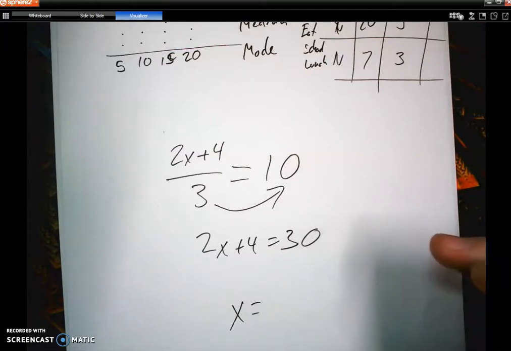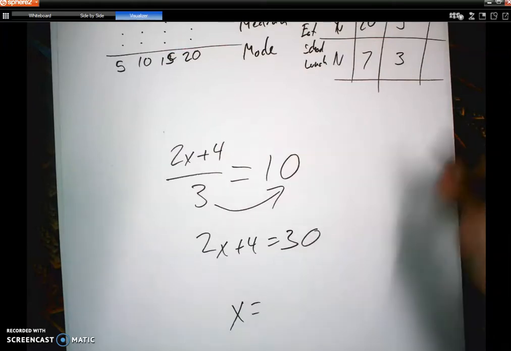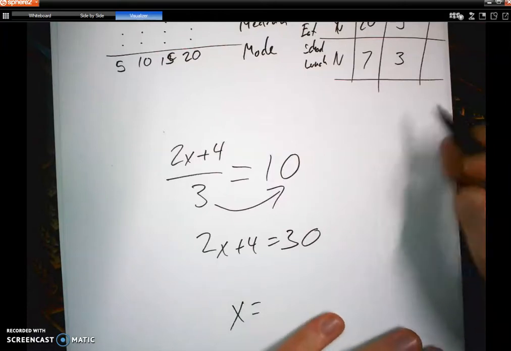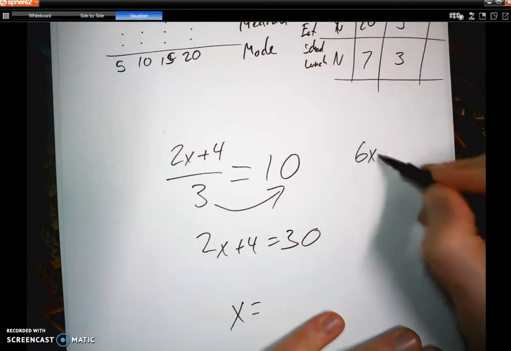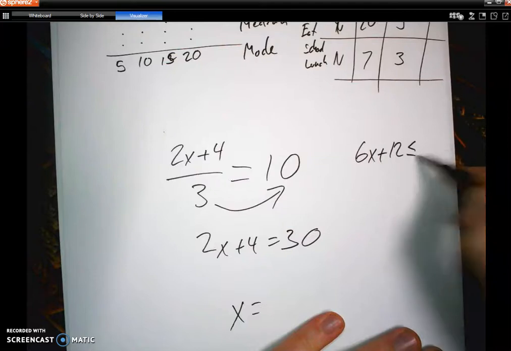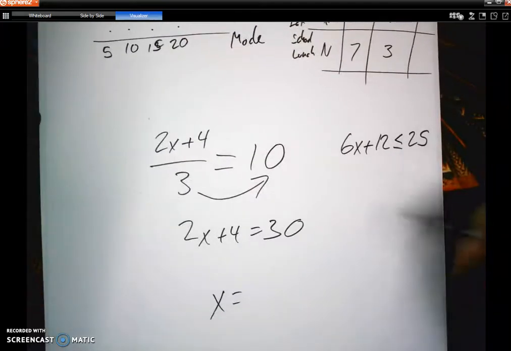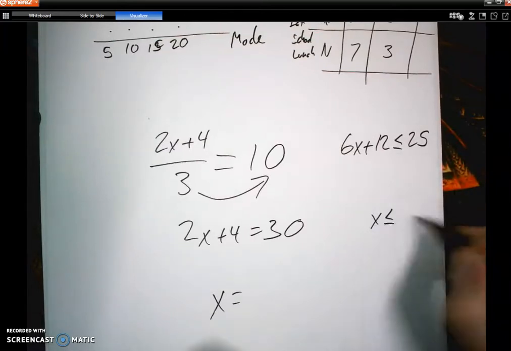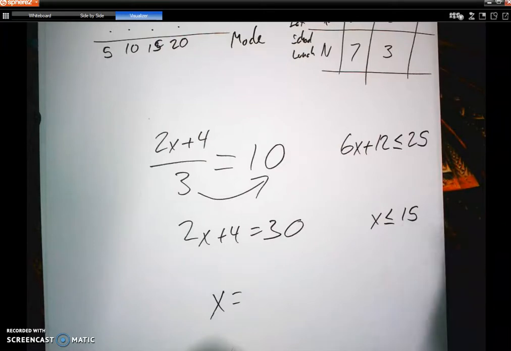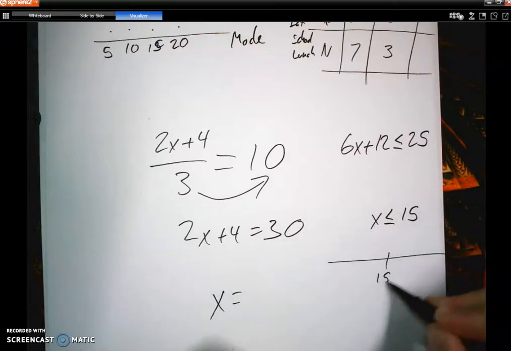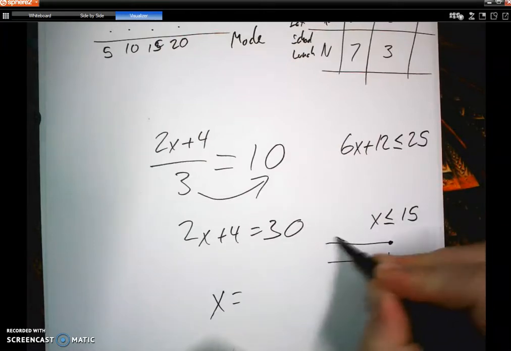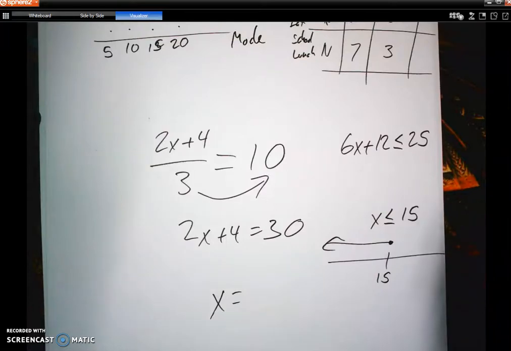Along with that, you're going to be seeing inequalities, something like 6x plus 12 is less than or equal to 25. Can you solve an inequality and understand what the answers look like? We get x is less than or equal to 15. On a number line, that's a closed circle going to the left.